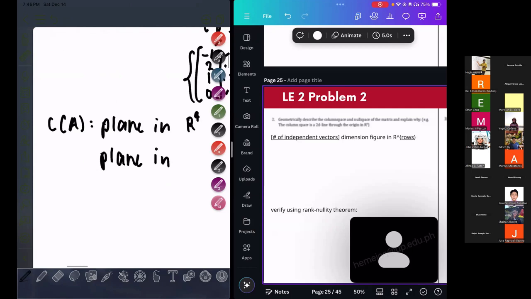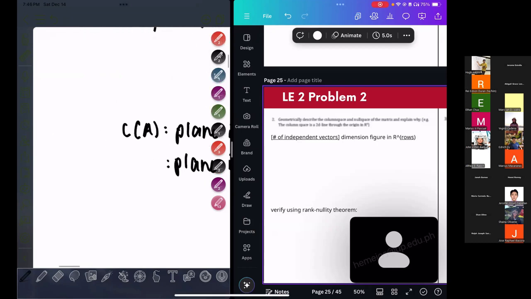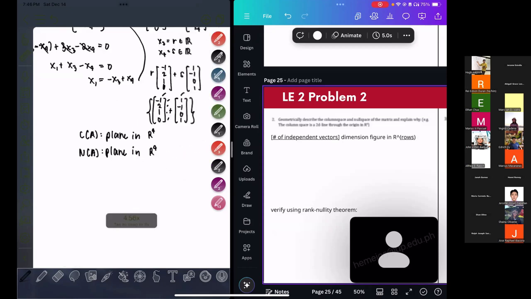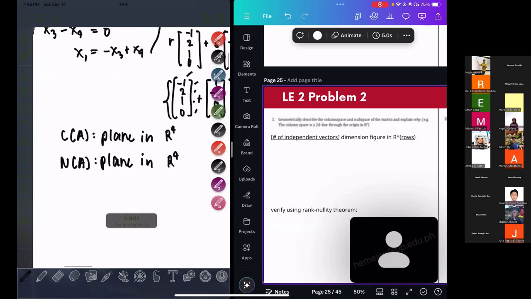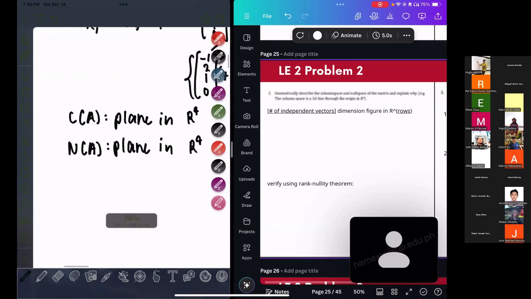So it is also a plane in R4. Which makes sense, kasi ayun nga, nag-add up dapat yung column space and null space. Ayan. So this is basically the answer to number 2. We can also verify this again using the rank-nullity theorem.